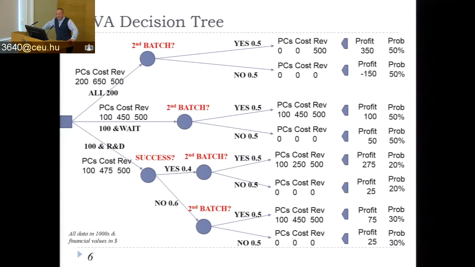This expected value, if you add these numbers together, is 100. Does it mean that you are going to get 100,000 if you are going on this route?